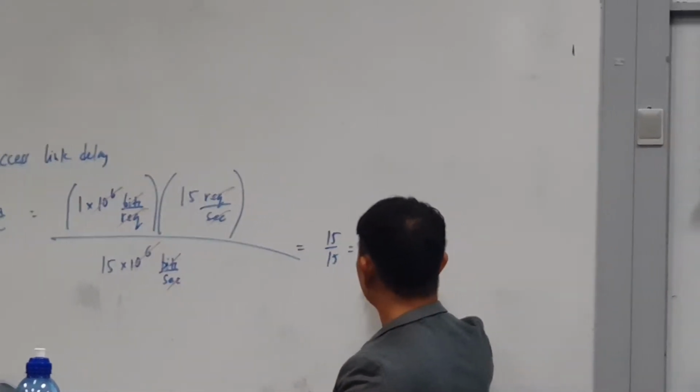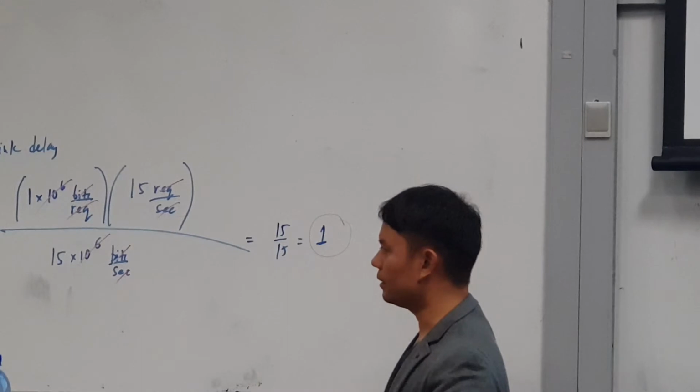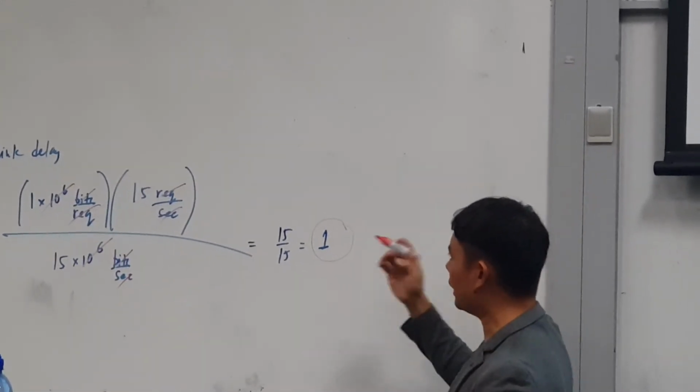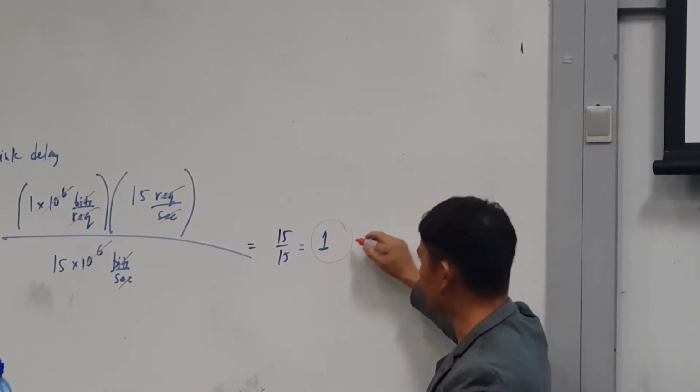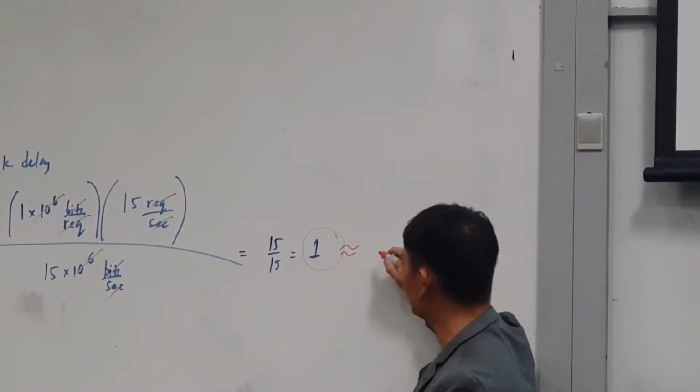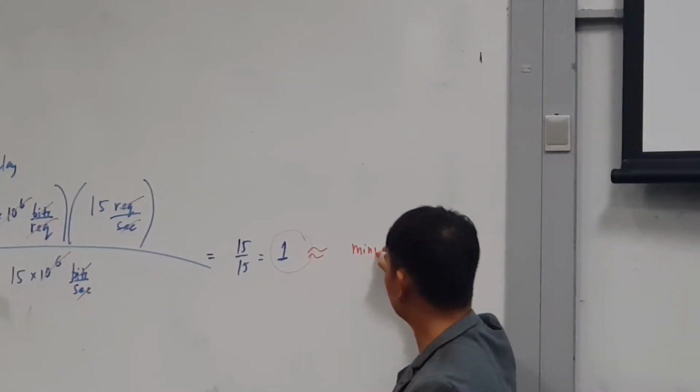So this is a relatively high traffic intensity, because as traffic intensity approaches 1, packets will queue up, causing delays that are commensurate to minutes of delay.